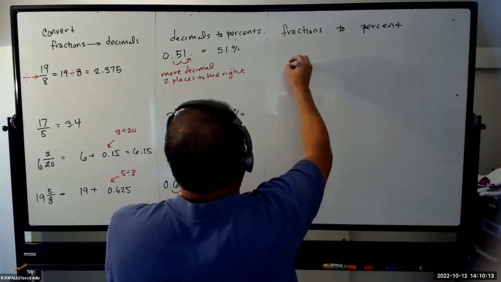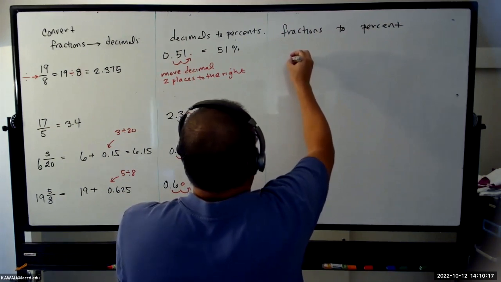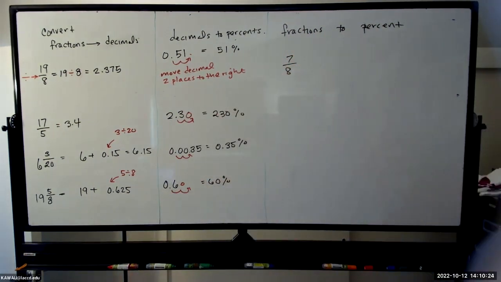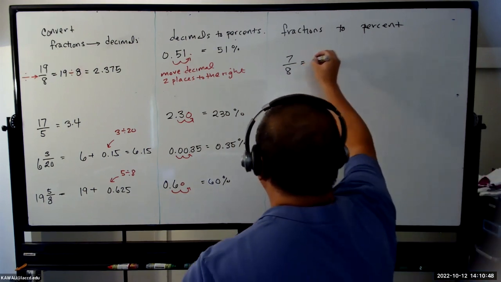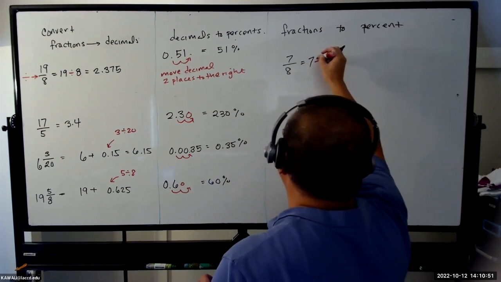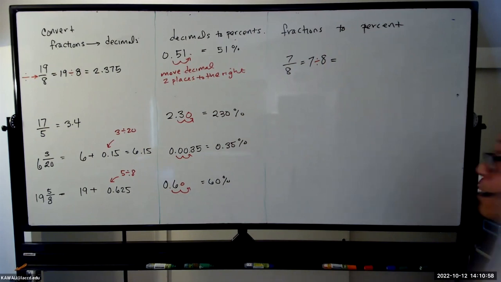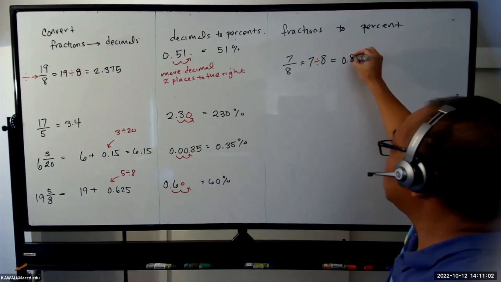Okay, so let's do 7 divided by 8. So this is equal to 7 divided by 8, which is equal to 0.875.